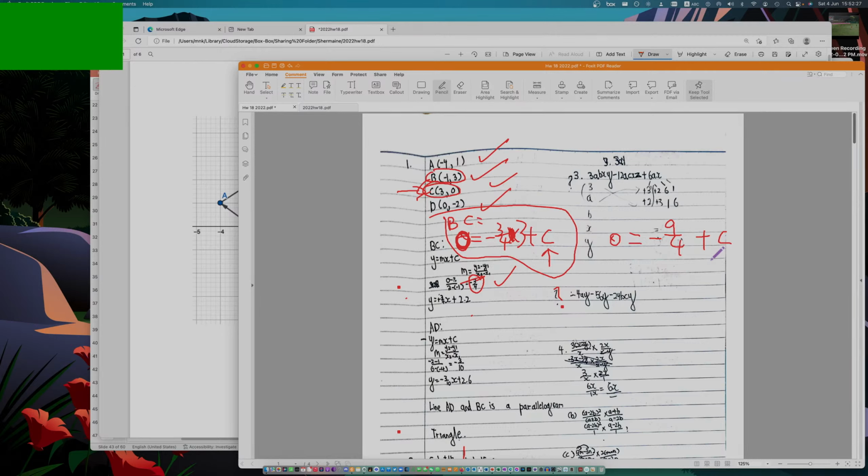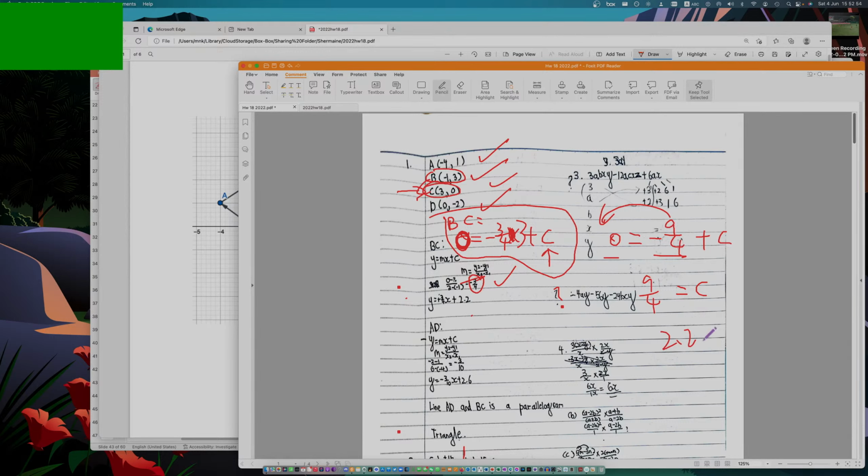How do you do this question? This one is similar, right? When it's similar, what do you do? Bring over. So C equals? You are supposed to give me this as a final answer? 2.25.